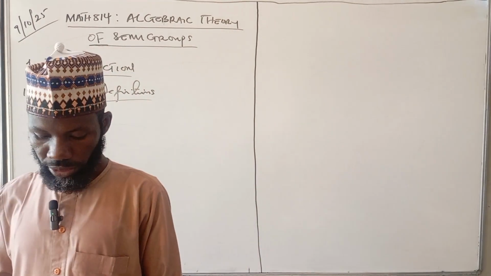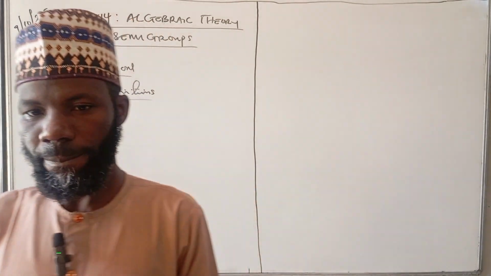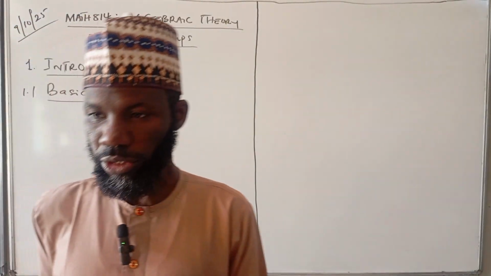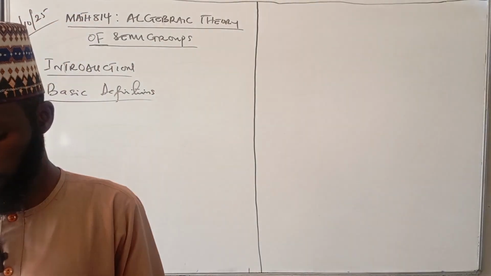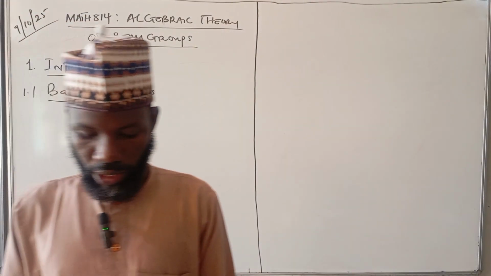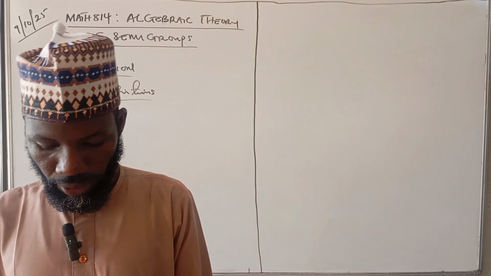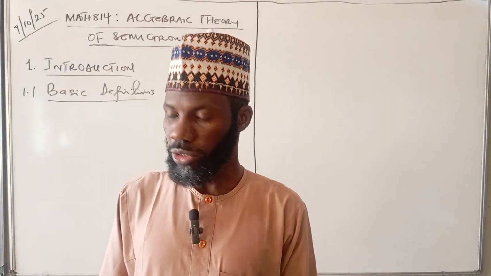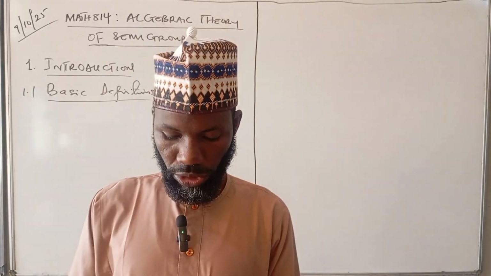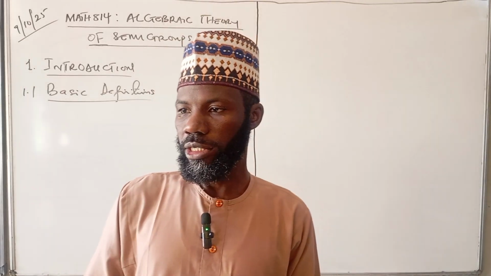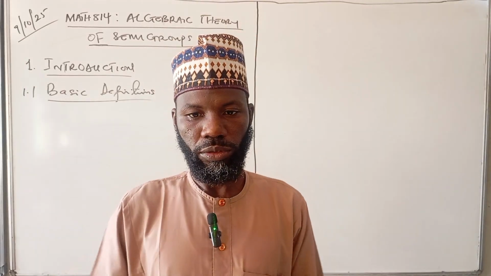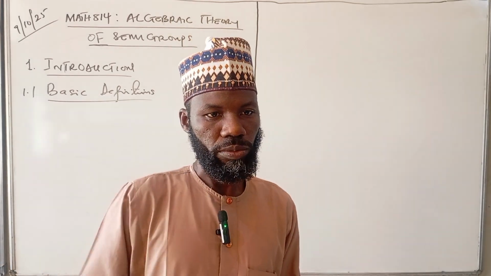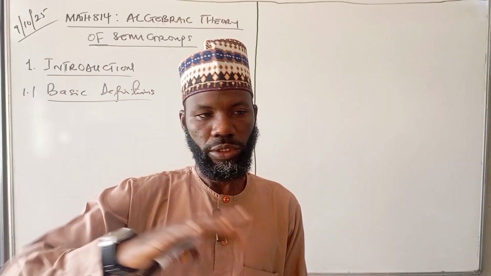In the 20th century, we had the contribution of Anton K. Suschkewitsch and John von Neumann, who initiated the algebraic study of semigroups, the structural study of weaker algebraic structures that are not groups. A group has to satisfy 4 axioms, but a semigroup has just 2 axioms.